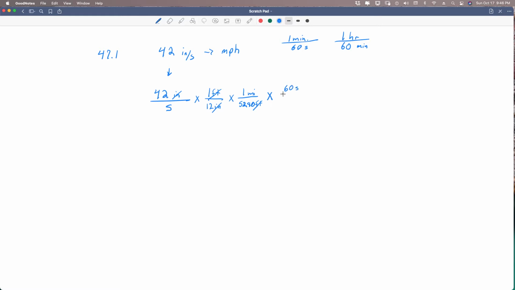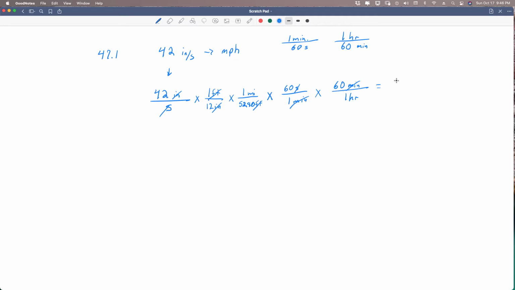So 60 seconds times 1 minute. So that cancels. Times, and now we have minutes on the bottom, so we're going to put minutes on top: 60 minutes, 1 hour. All right, now minutes cancels. It's the same thing we've been doing, except now we have a unit in the bottom that we have to think about. We do this one first, and then we do this one.